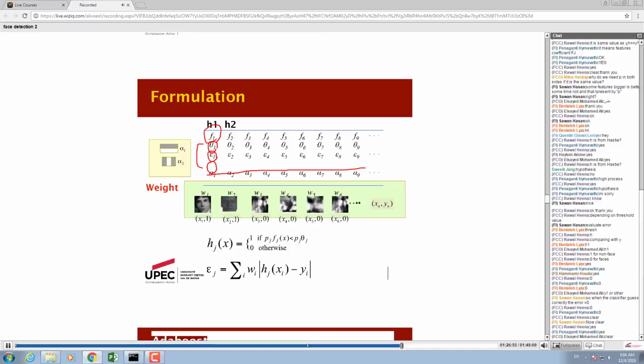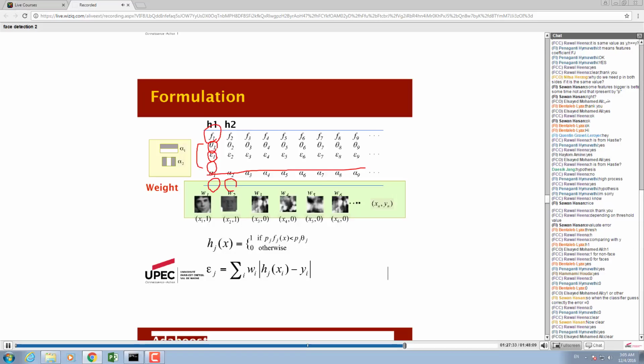We know how to calculate theta, and we know how to calculate error E. That is our current status. In the future, after some more processing, we will see one more symbol, alpha. Alpha is also assigned to every classifier. We haven't discussed alpha yet, so let's talk about alpha later.